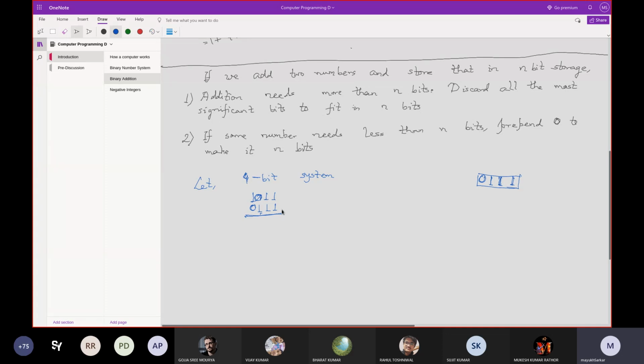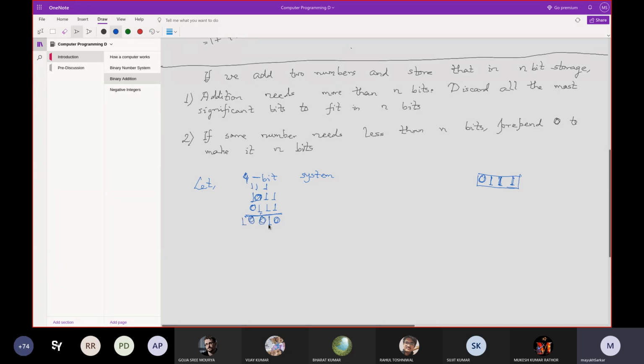The part that may seem confusing at first is that if after addition the result becomes more than 4 bits, because again our storages are of 4 bits, truncate the leftmost bits to make it 4 bits. Let me show this. Here 0 we have, 1 is the carry, here we have 1, again 1 is the carry, 0, 1 is the carry, and 0, 1.